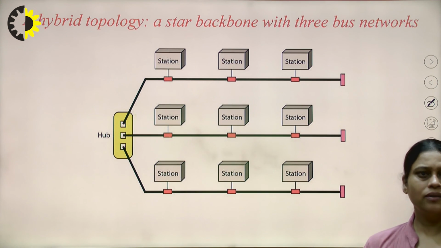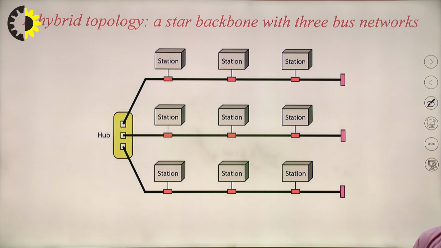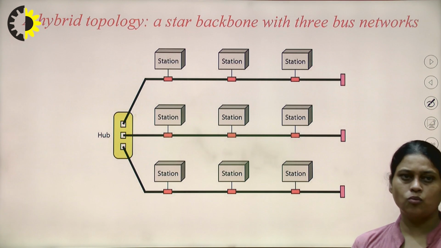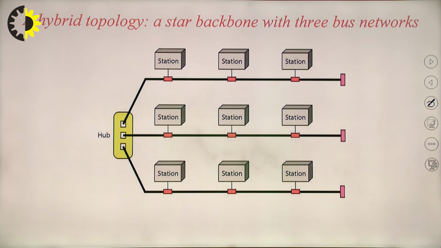That's why it is called a hybrid topology, or we can say it is a combination of star, bus, ring or other topologies. So we have to create the network with the help of any of the topologies.